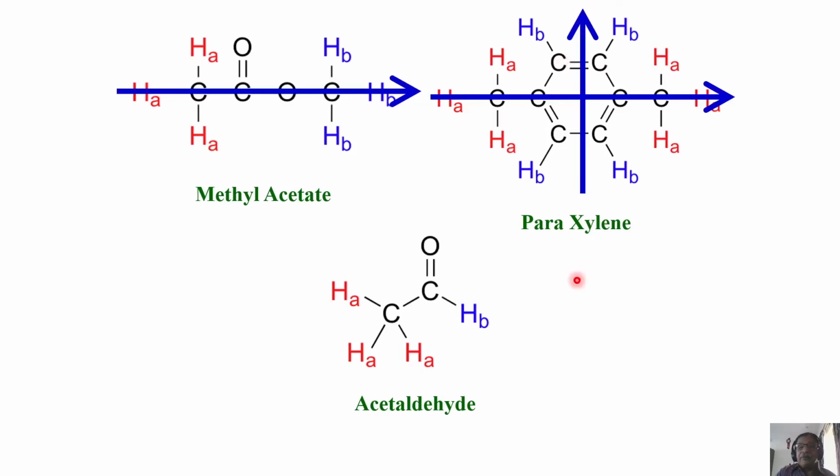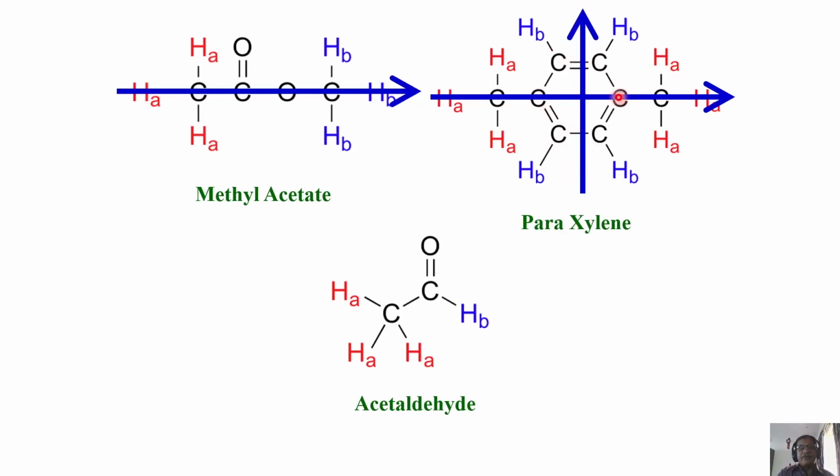Look at the carbons. How many peaks do we get for carbon? Remember, this carbon is equivalent to this carbon. We get only one peak. These two are equivalent. What about these 6 carbons? This carbon and this carbon, these ipso carbons, are different from the remaining 4 ring carbons.